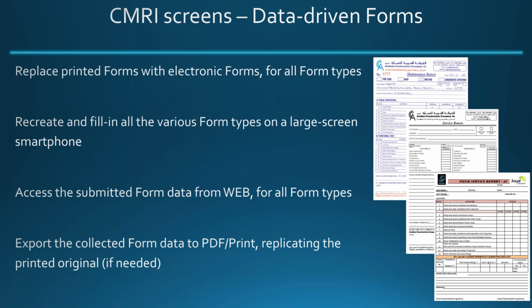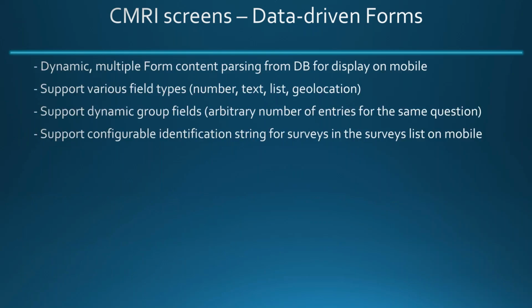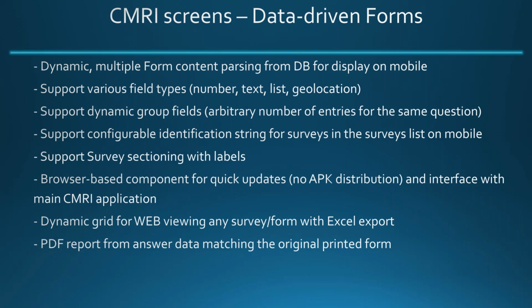So we had to implement a data-driven form structure using Alpha Anywhere, and we did it with a feature list that matched the complete end-to-end requirement. So multiple form types parsed dynamically to show on mobile.